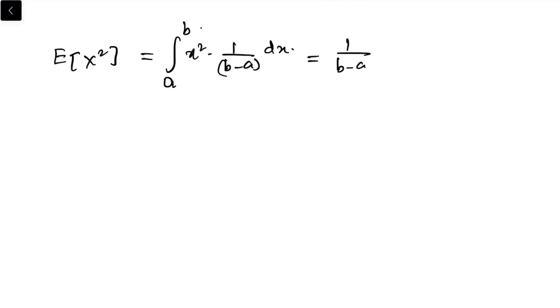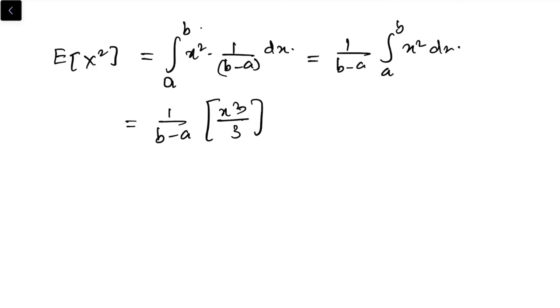We can take the constant outside, and the integration of x squared dx is x cubed divided by 3 in the range a to b.